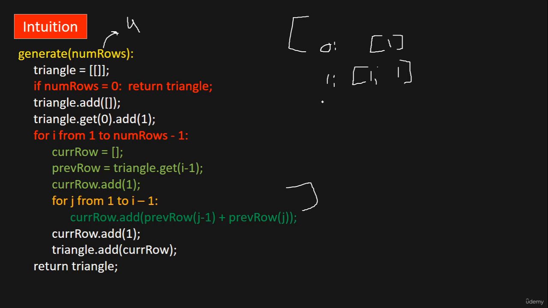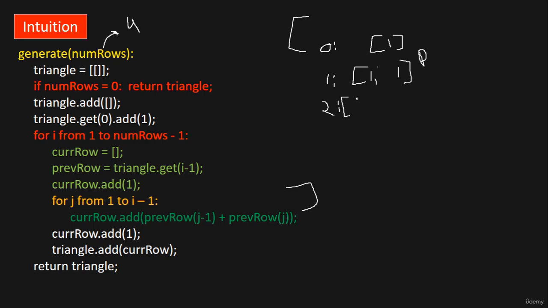Now let's generate the row for index 2. So for the second iteration of this loop, i equals 2. Now we're going to create a current row and we have to keep track of our previous row using i-1. So this is our previous row. And here for j from 1 to i-1, that means from 1 to 1, this loop will iterate once.